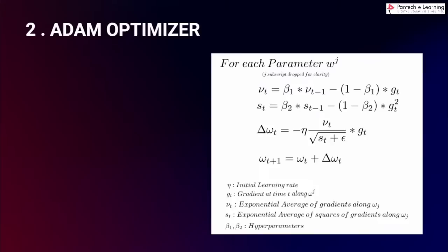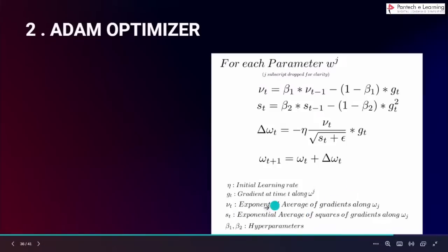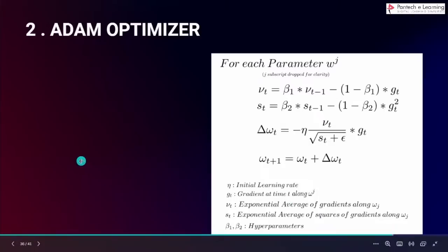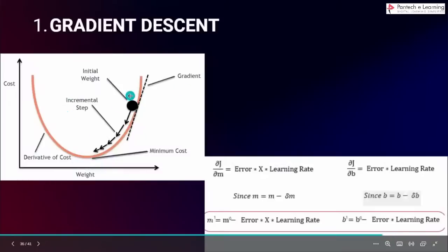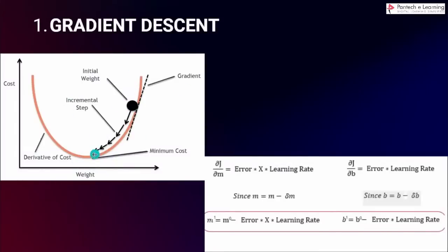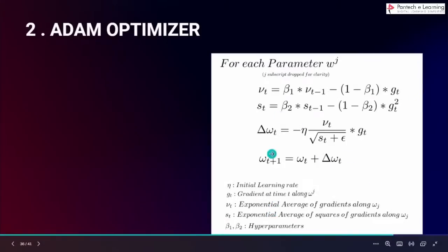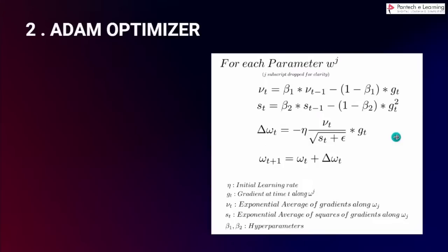The learning rate, weight and bias are also updated, and it is done by taking an exponential average: when it moves, it will consider the previous steps for the next one also and take an average. That is what is known as a moving average, and the exponential moving average is taken so that it can achieve the global minima. Updating the learning rate also plays an important role. The Adam optimizer is used in many places.